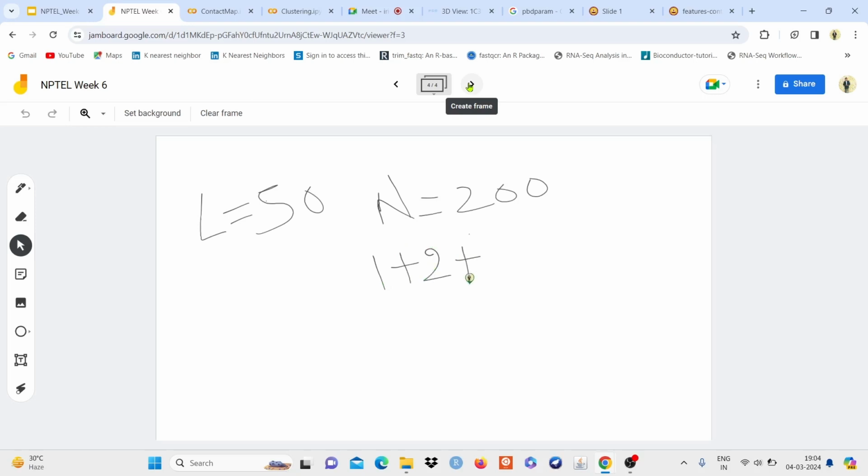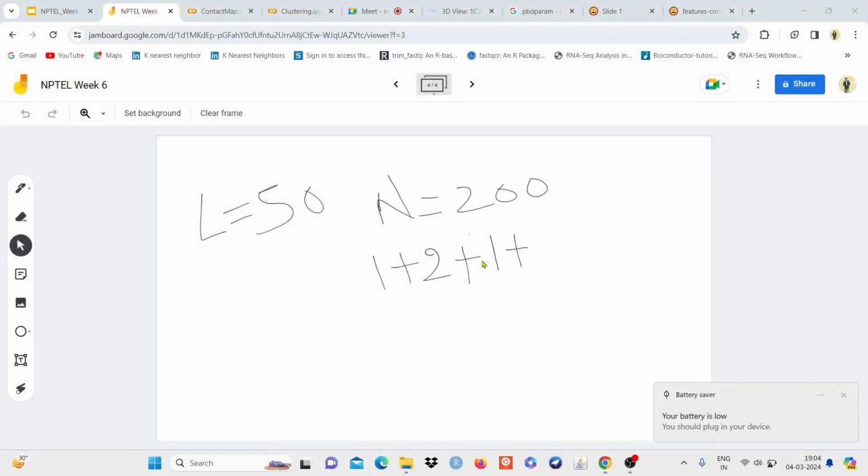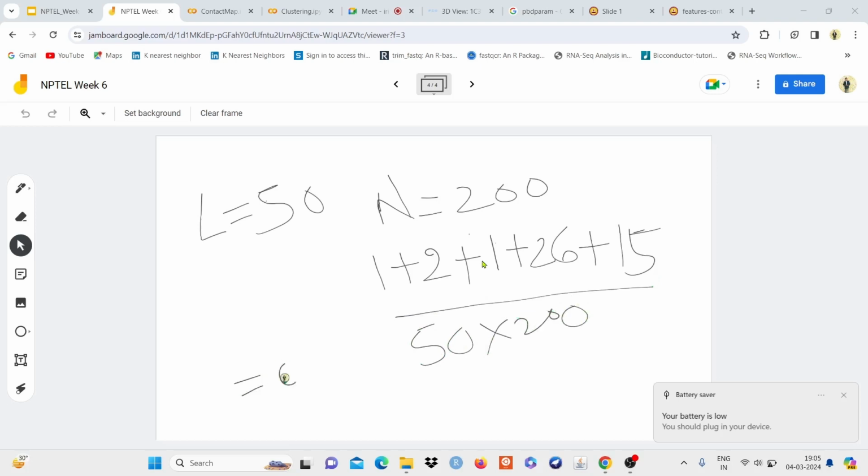Next is the sequence separation of 40, alanine 45 and 44 residue. Then we have sequence separation of 26 plus 15, divided by 50 times 200. This gives 0.045. So this is the contact order of this protein.